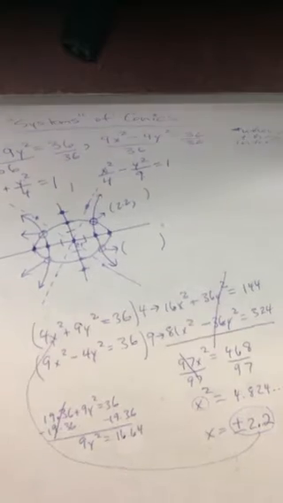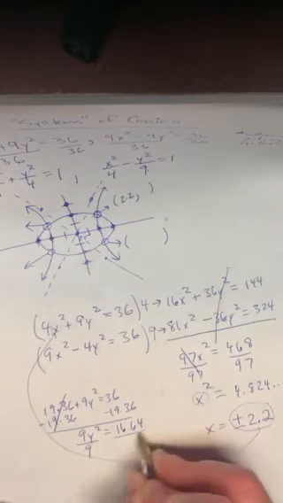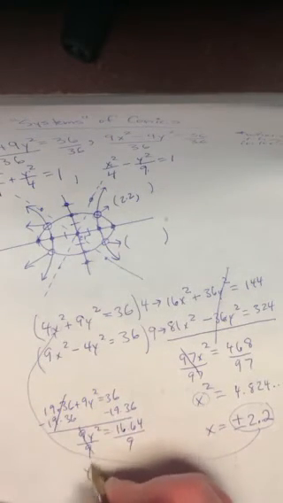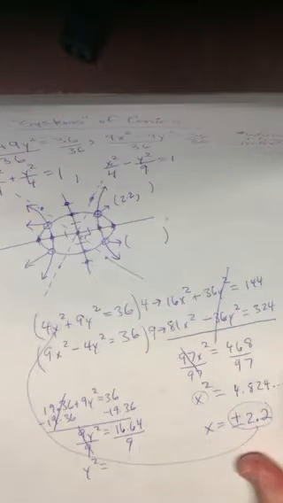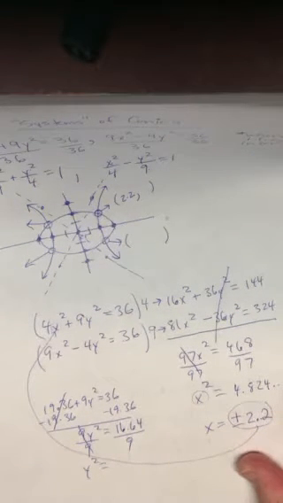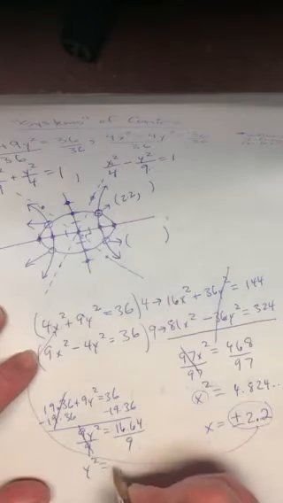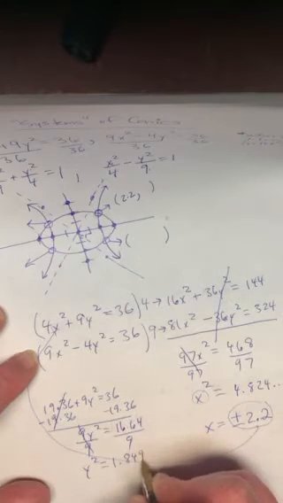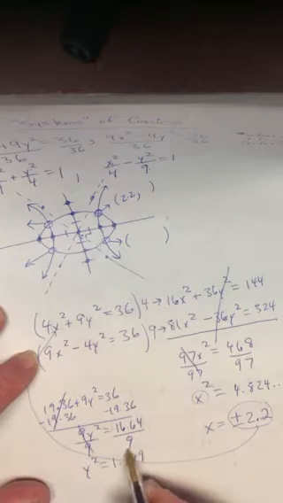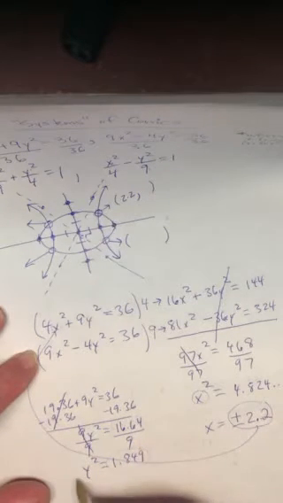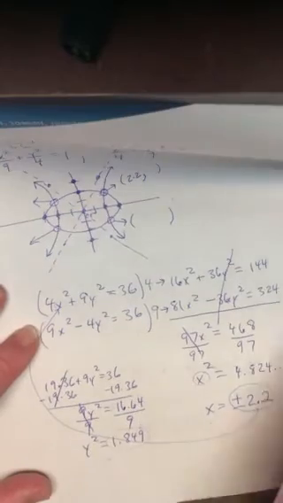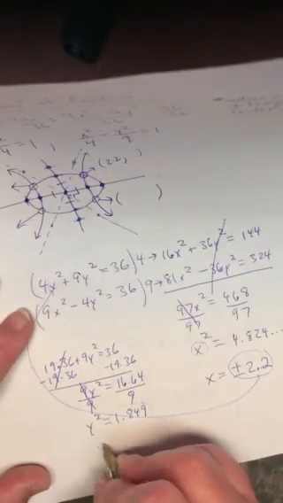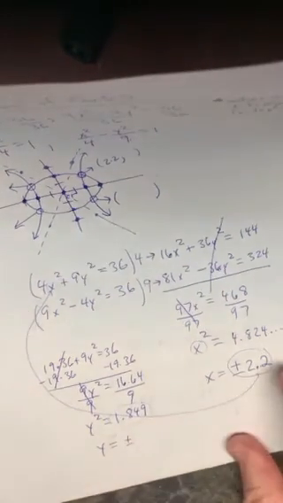I've got to divide by 9. You're with me here. Y squared equals, I'm pushing 16.64 divided by 9. I'm getting 1.849. That's on my screen. I'm leaving that on my screen because I'm going to square root both sides now. And when I do square root both sides, I get plus or minus.